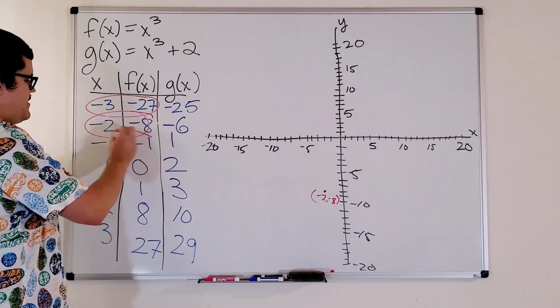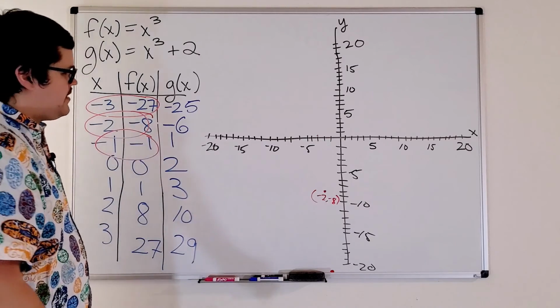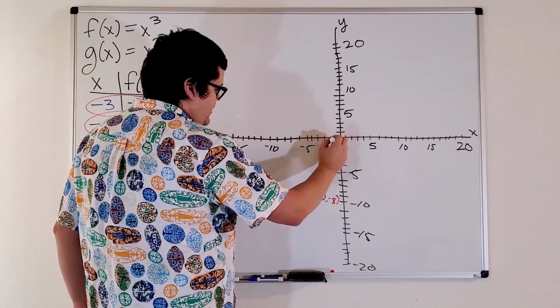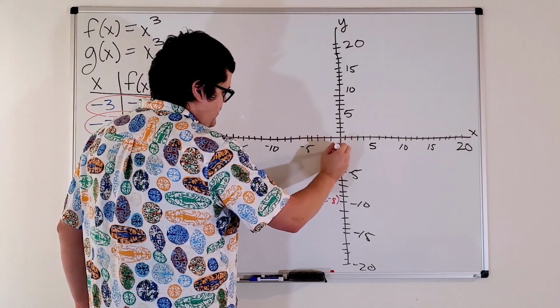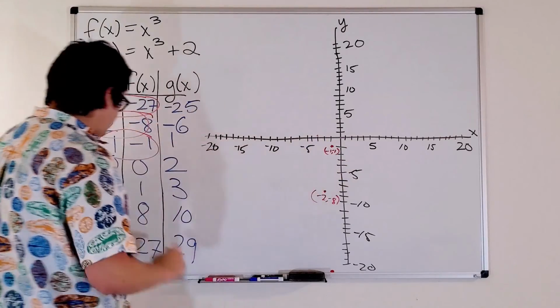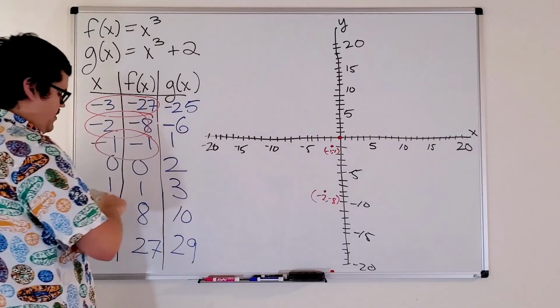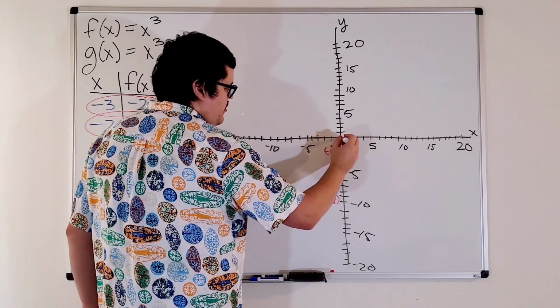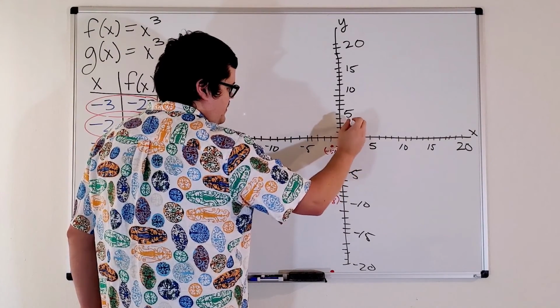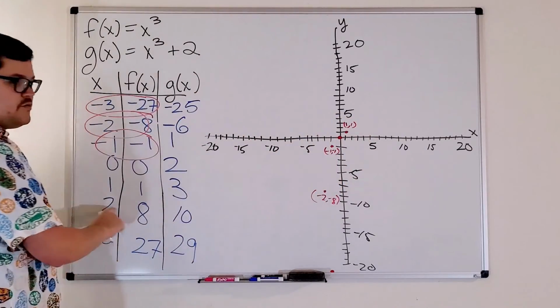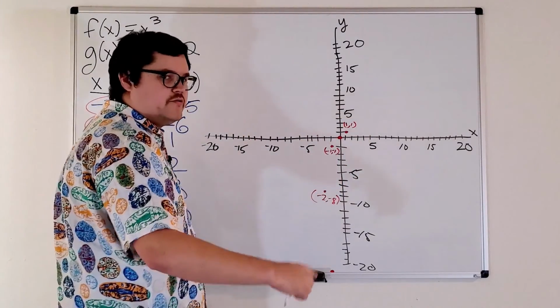Third point, -1, -1. Left 1, down 1. 0, 0. 1, 1. Over 1, up 1. 2, 8. Over 2, up 8.